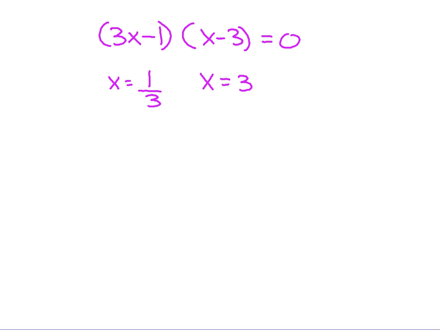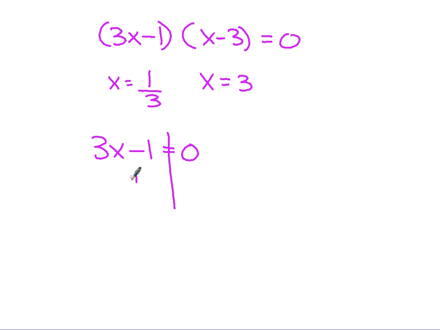And if you're not comfortable with just realizing that, okay, well, if it says minus 1, I make it a positive 1, and then just take the 3 and put it down here, you could set it equal to 0 and solve it like an equation. That's totally up to you. I think it's easier to just kind of cheat.